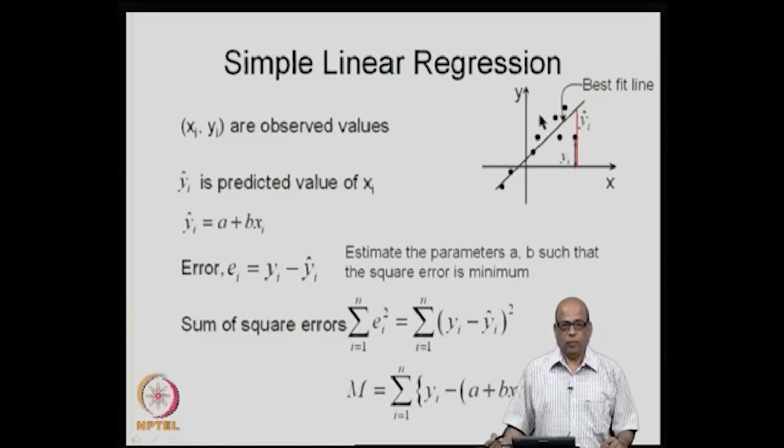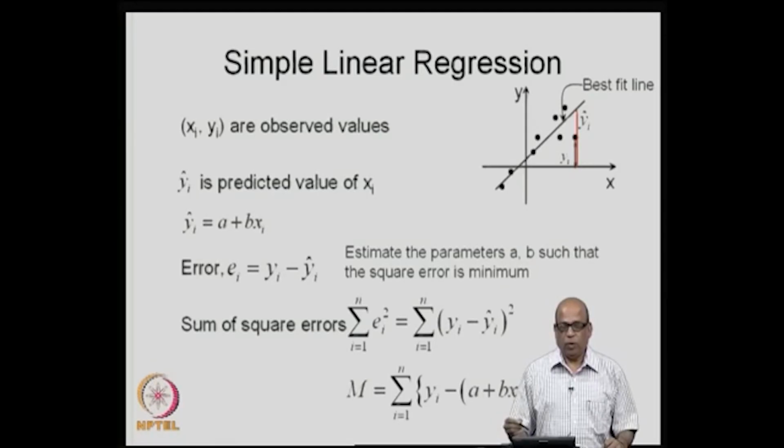This procedure is called simple linear regression. Simple because we are considering only two variables, y is the dependent variable and x is the independent variable. Linear because we are fitting a linear relationship between x and y.